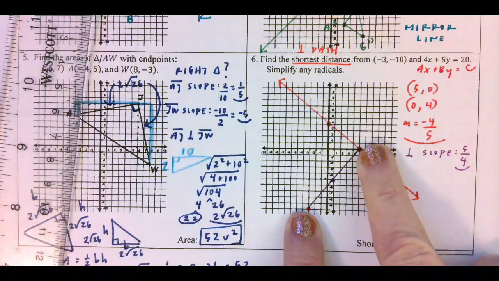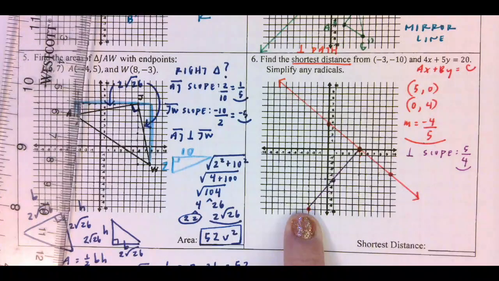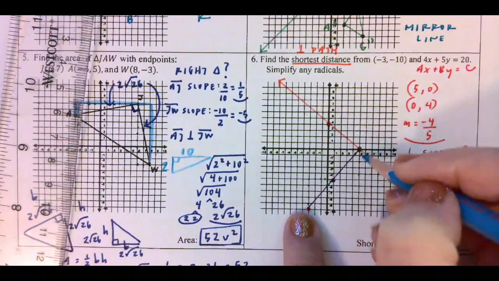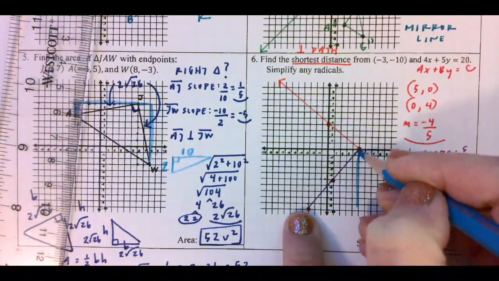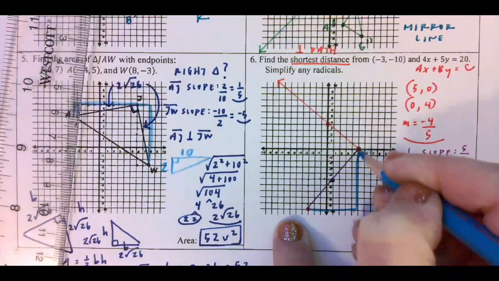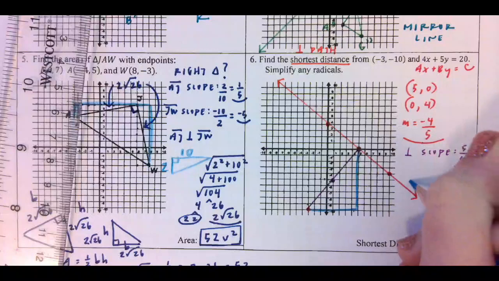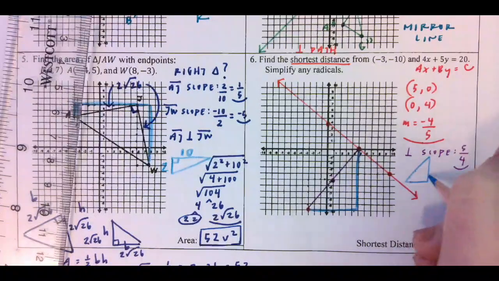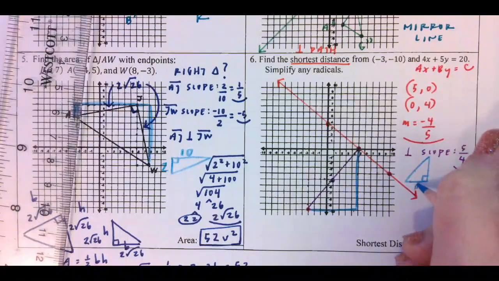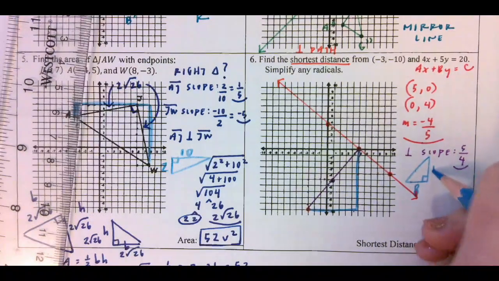I could use the distance formula, that's fine, or I can do what I've been doing all along, which is visualize this as the hypotenuse of a right triangle. Now it took me 2 slopes to connect them. So when I visualize that triangle, 2 slopes means that horizontally they are 8 units apart, and vertically they are 10 units apart.